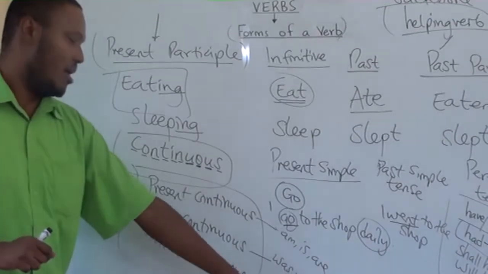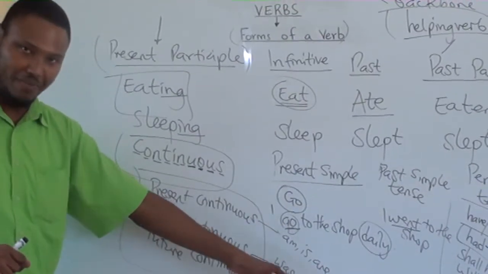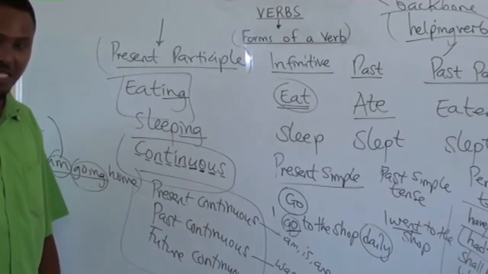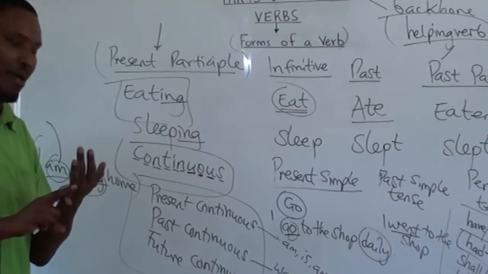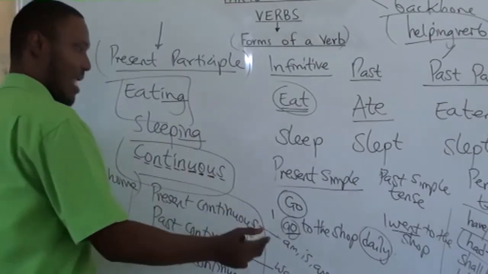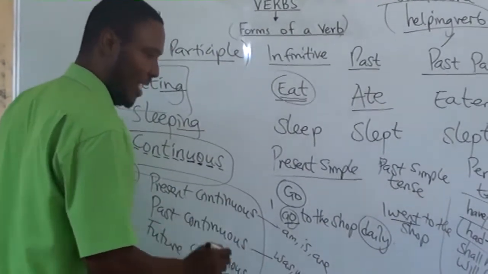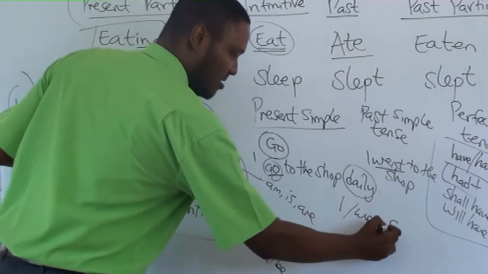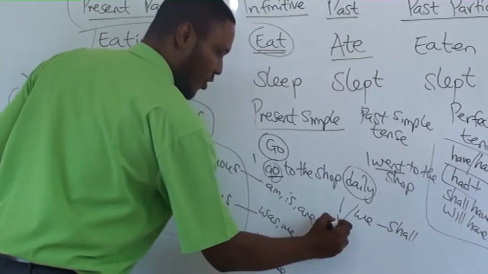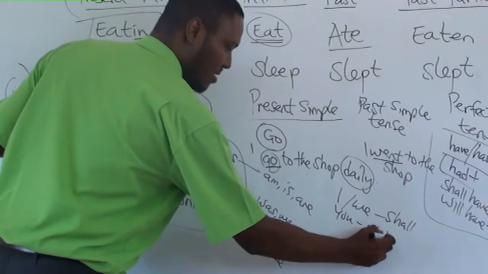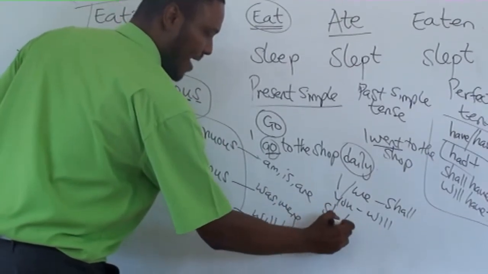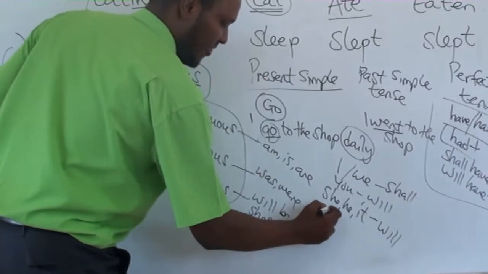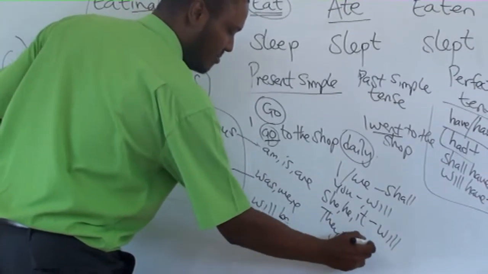Future continuous. He, is it will be or shall be? Pupils, do you know when to use will and shall? So I'll just go over it very quickly. We say I, and we use shall. You, will. She, he, and it will. They will.